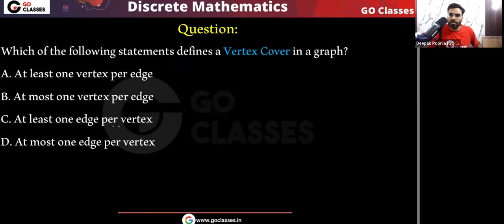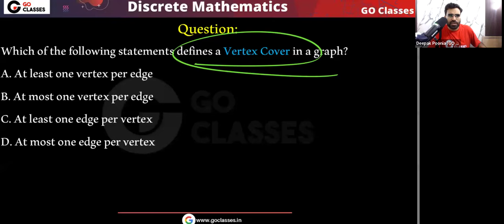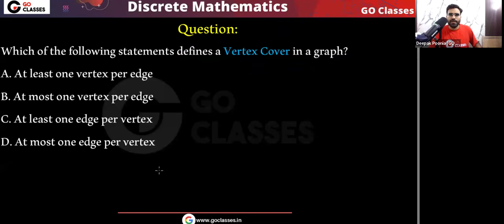This is a little bit confusing, but just remember the definition of vertex cover and you can solve it. So what is the definition of vertex cover? This is a subset of vertices which will cover all the edges. Yes or no? So we already know that vertex cover is basically a subset of vertices.